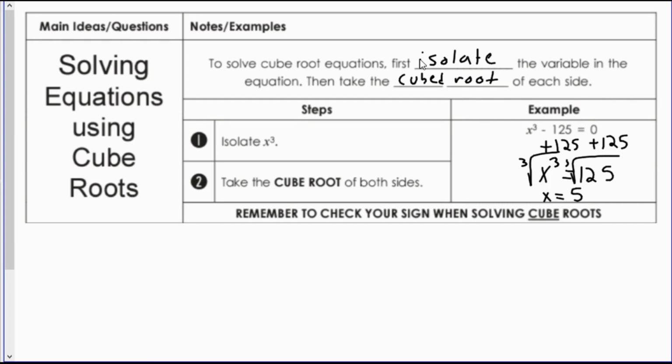In this case, I don't have plus or minus, because 5 times 5 times 5 is 125, but negative 5 times negative 5 times negative 5 is negative 125, and I don't have negative 125, I have positive 125. So when I take the cubed root of something, I will only get one answer.